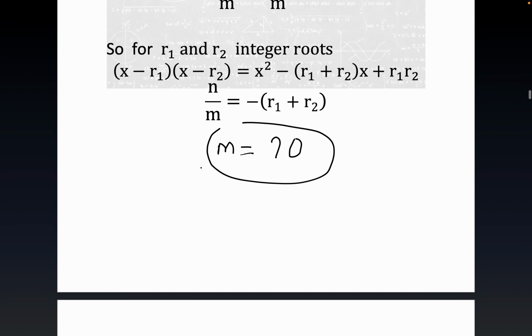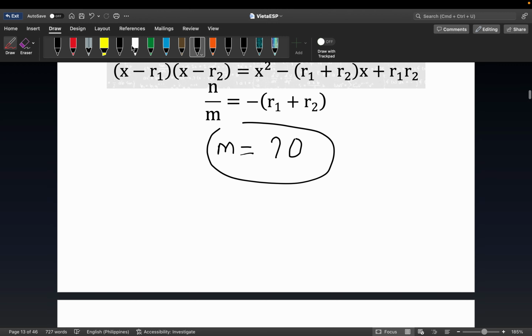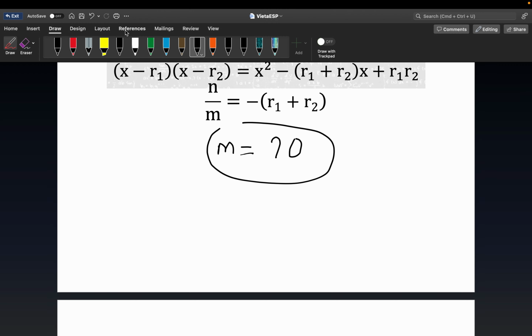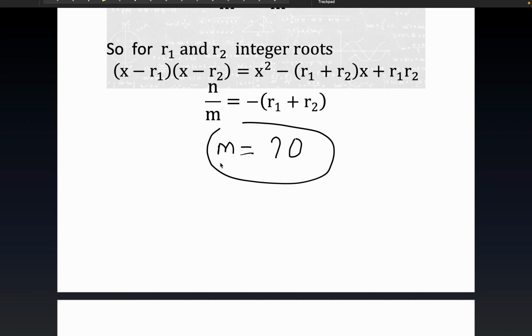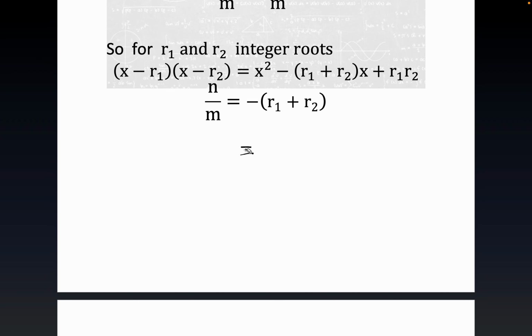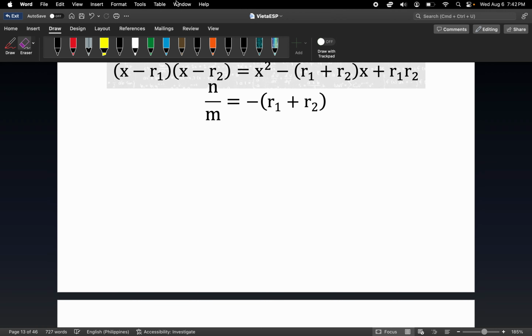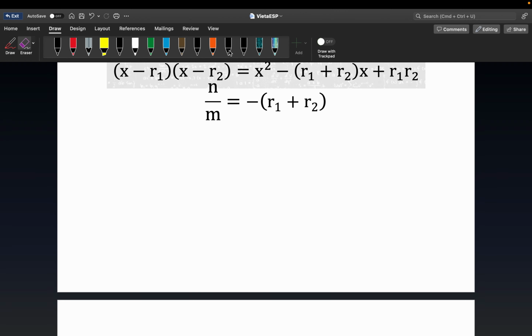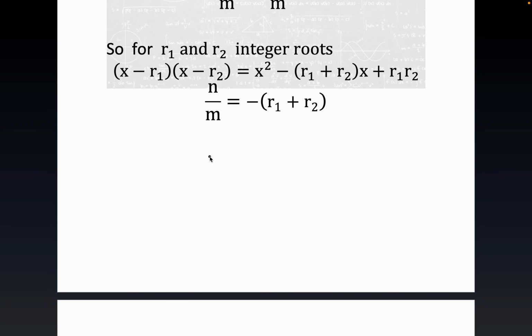There are 70. Let me erase this. In fact, it's just wrong, right? There are 70 such m.